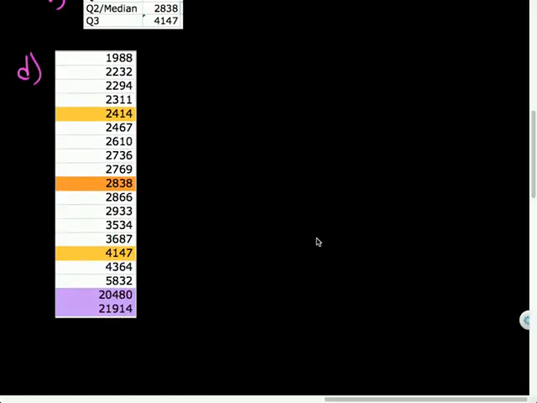So when I make a box and whisker plot, I have a single number line, right? And let's see, my lowest value is like 1900. My highest value is much higher. Maybe I'll count by thousands. 2,000, 3,000, 4,000, 5,000, 6,000, 7,000, 8,000, 9,000, 10,000.